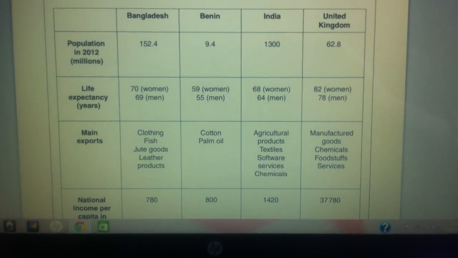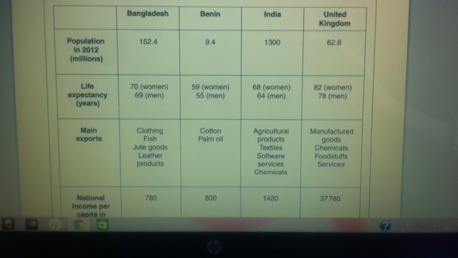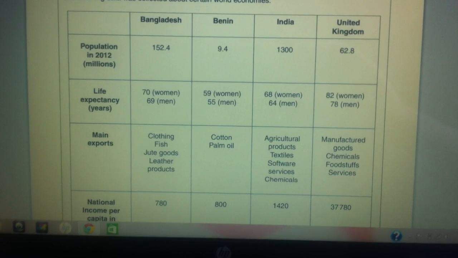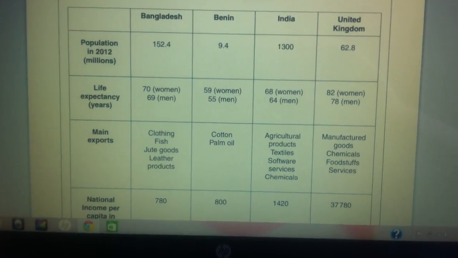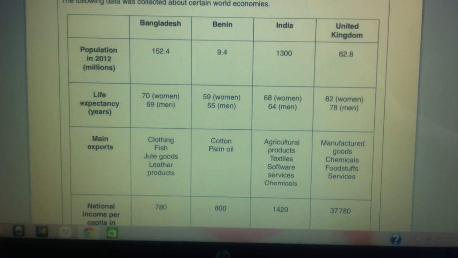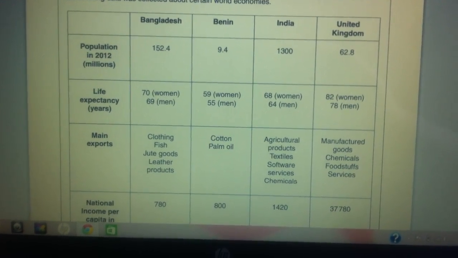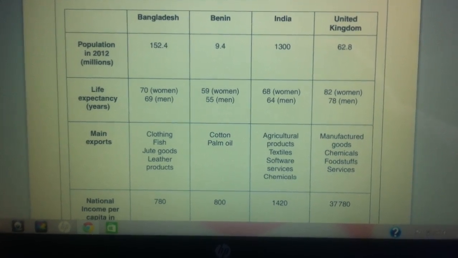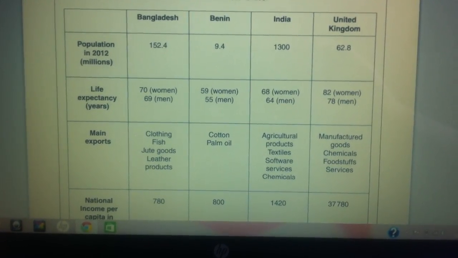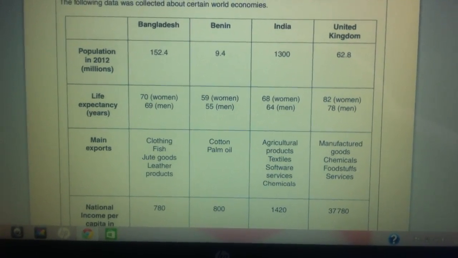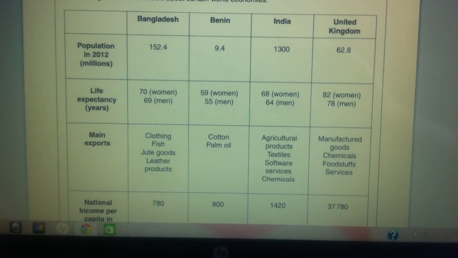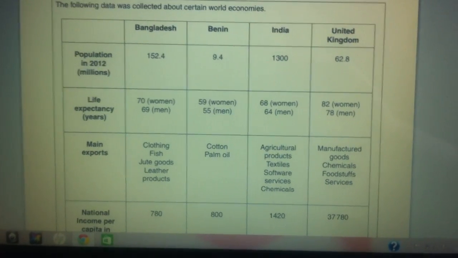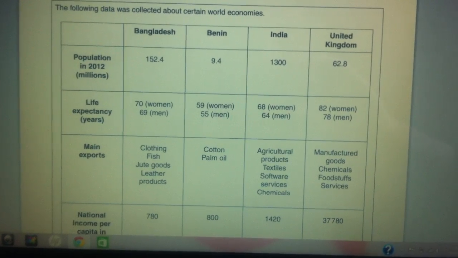A key thing that you should remember here is that very often when we are judging the standard of living in an economy, not only do we look at how much money is earned per person in that economy, it's also very often the case that we look at other issues, particularly if you take this through to A level, where we'd then look at things like education, access to healthcare, and of course life expectancy is also a measure of a standard of living.